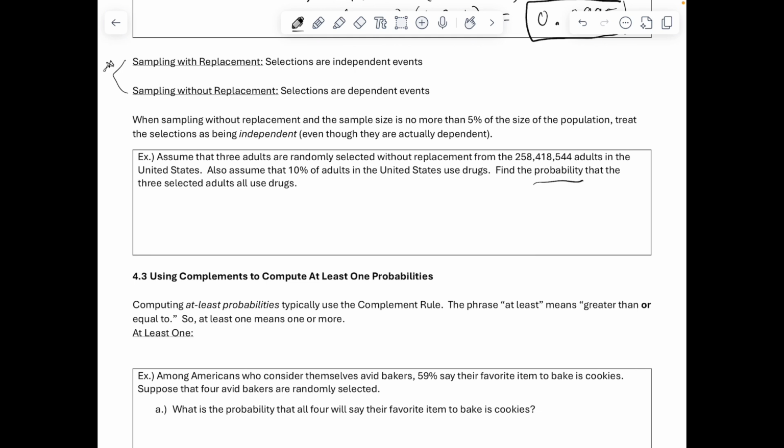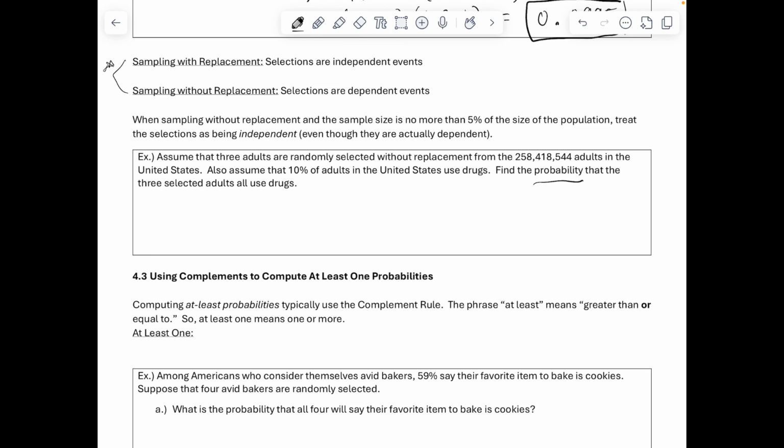For this problem, we are selecting somebody, not putting them back into that population, then selecting another person, not putting them back, and then selecting a third. That way we don't select the same person twice. Since we have such a large population, 258 million, and we're only sampling 3 people, this is less than 5% of that population size.